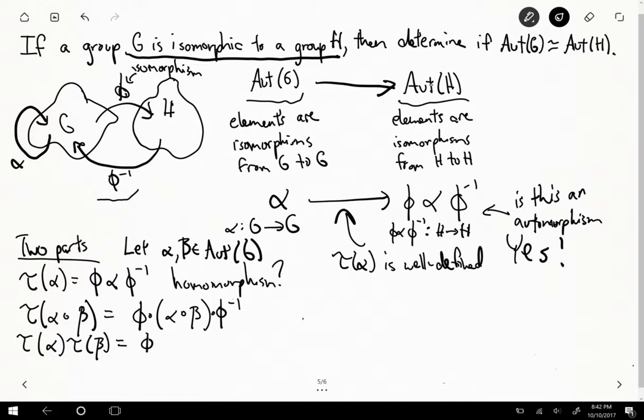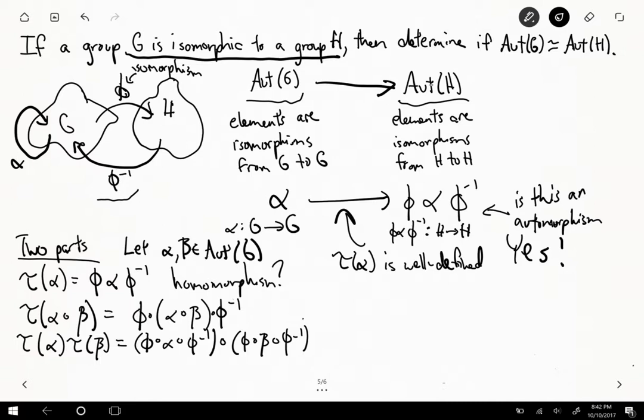Well, notice tau of alpha is phi composed with alpha composed with phi inverse, and then composition between these two, and that would be phi composed with beta composed with phi inverse. So can we see how this makes a connection back to the top piece?